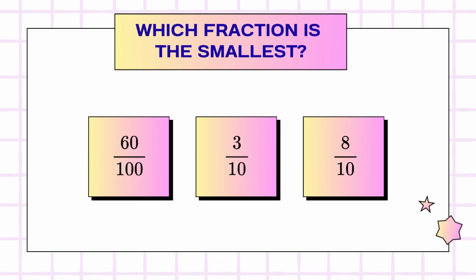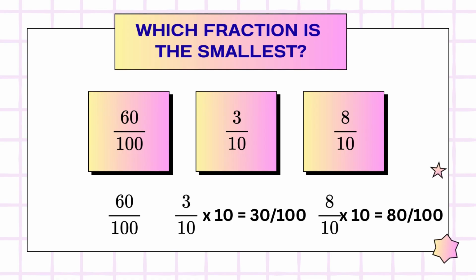When comparing multiple fractions with different denominators, you need to convert them all to the same denominator first. Suppose you're asked to find the smallest fraction among 60/100, 3/10, and 8/10. You have two options. Either convert everything to hundredths or convert everything to tenths.